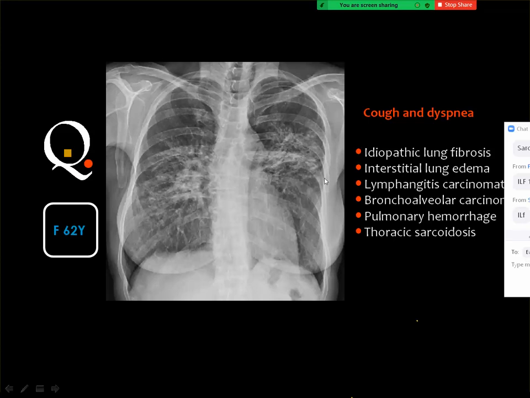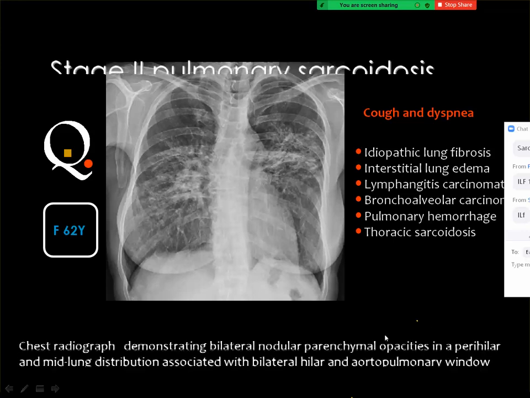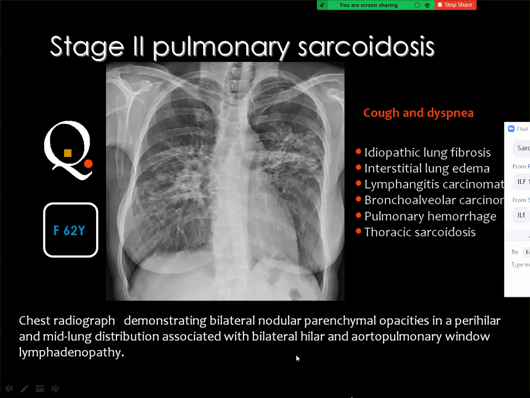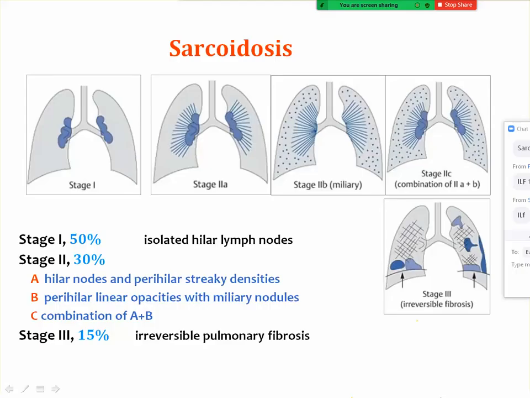And sarcoid on the opposite side will involve the upper and middle lung zones, and at a later stage of sarcoid, when it goes into fibrosis, it will form what looks like interstitial lung fibrosis, but it does not affect the lung bases because this is not the distribution of sarcoid. And the answer of sarcoid is very good because the changes are somewhat away from the lung bases.